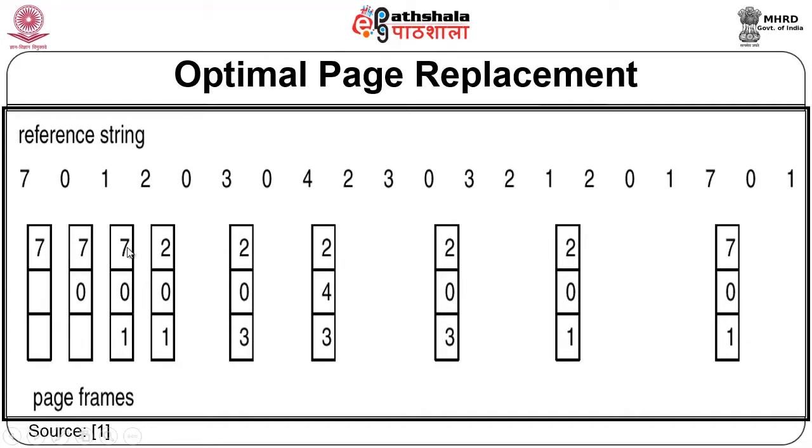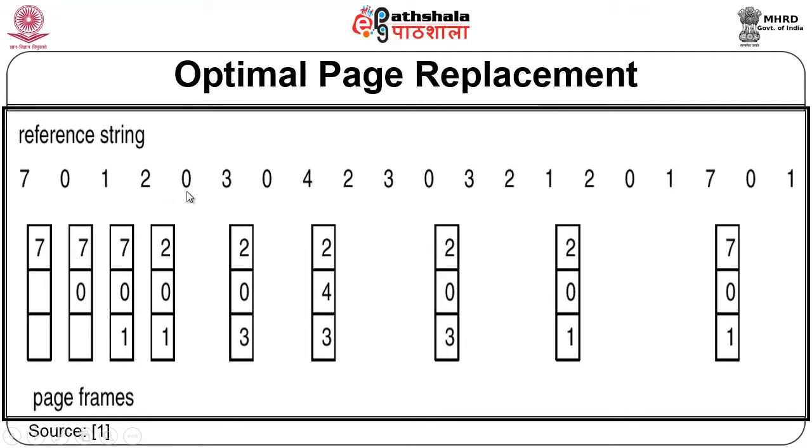It should be the one among these 3 which will not be used in the near future, or you need to choose a page which will not be used for the longest amount of time. So, you look into this reference string, and you need to choose one among 7, 0 and 1.